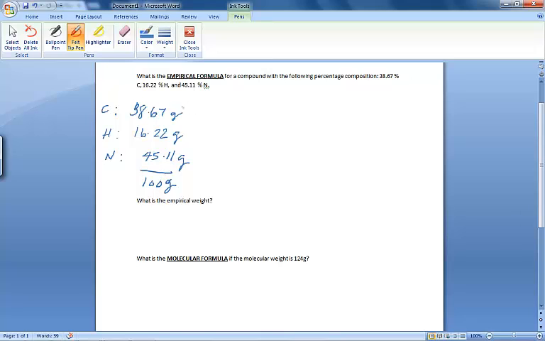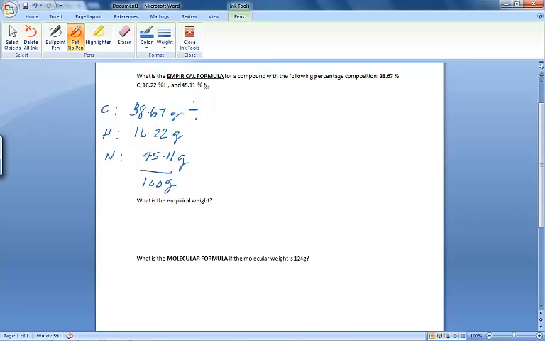So essentially, whether it's a percent, a gram, or any other unit, the ratio of carbon amounts to 100, hydrogen amounts to 100, and nitrogen amounts to 100 are all the same. And that is not changing. So mathematically, what we're doing is acceptable. The next thing we need to do is divide each of these by their atomic masses.